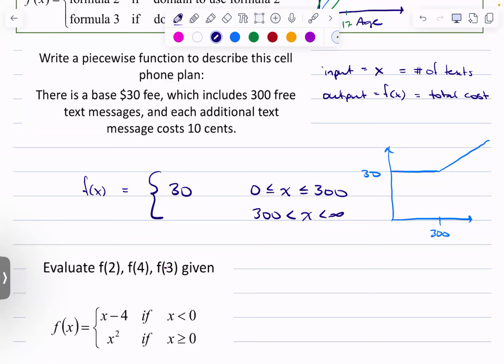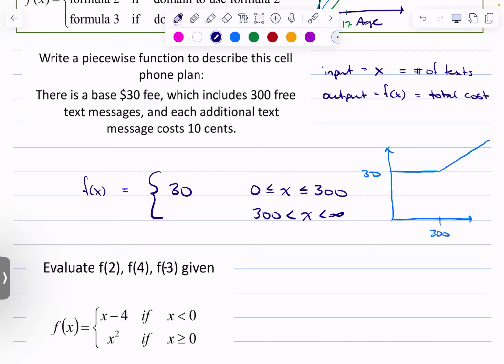It's implied, but why not for symmetry? Okay. Then we know we have to pay the $30, but I also have to figure out how to pay that additional 10 cents per text message.